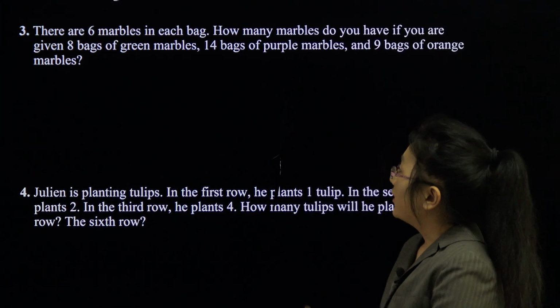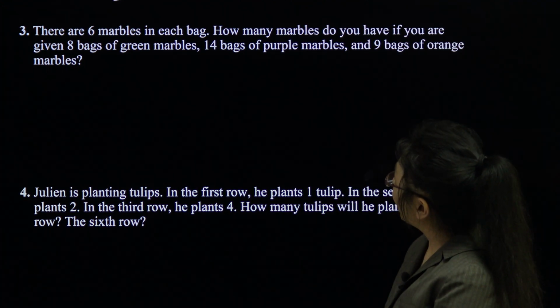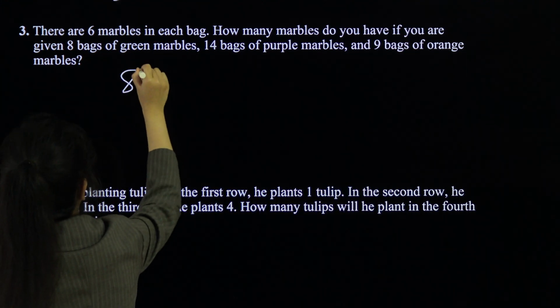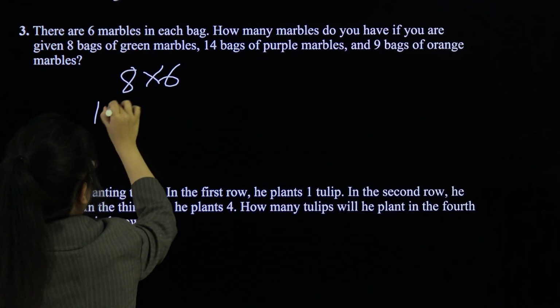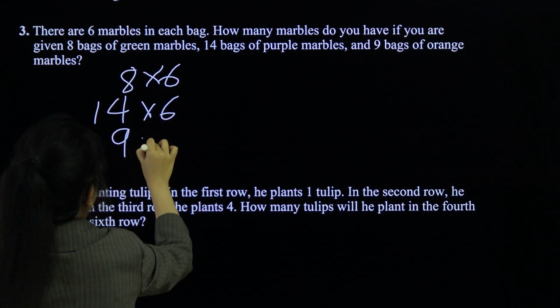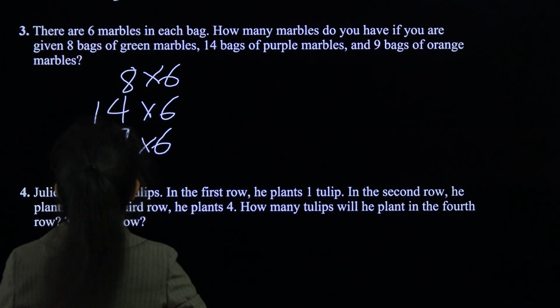We continue. There are 6 marbles in each bag. How many marbles do you have if you are given 8 bags of green marbles, so that's 8 times 6, 14 bags of purple marbles, 14 times 6, and 9 bags of orange marbles, 9 times 6.